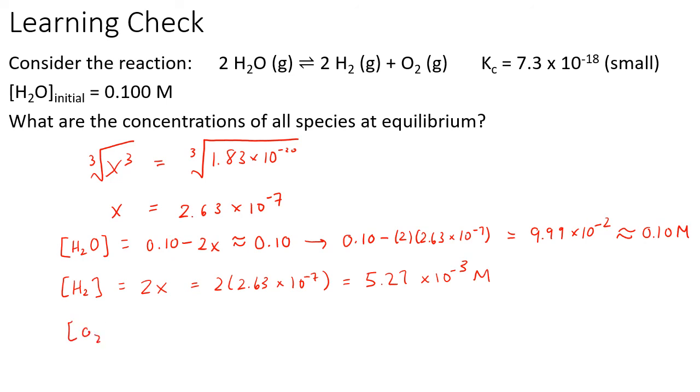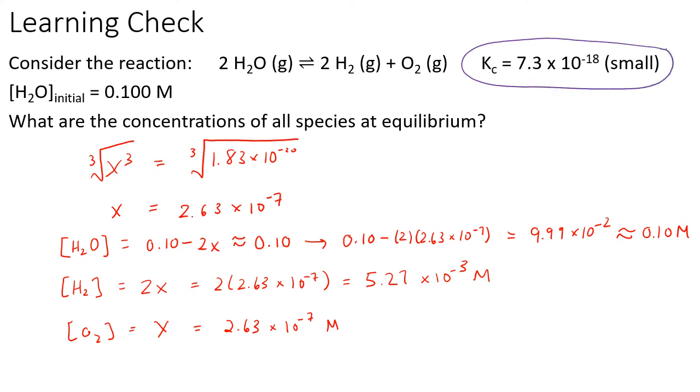And for O2, that concentration was equal to x, so that'll just be the 2.63 times 10 to the minus 7th molar that we solved for. So whenever we have a value that is about 10 to the negative fourth or smaller, you can save yourself some work by ignoring x's that are added or subtracted.